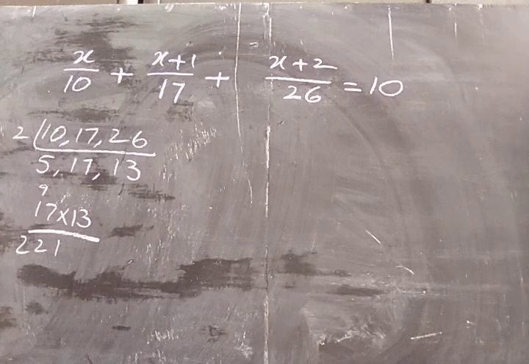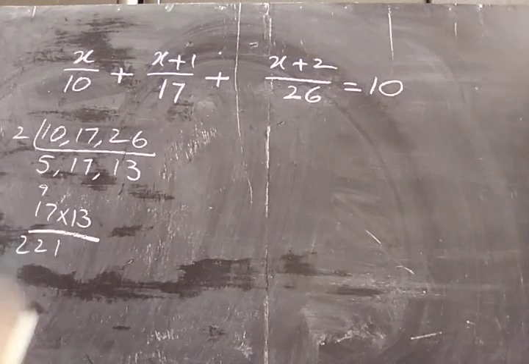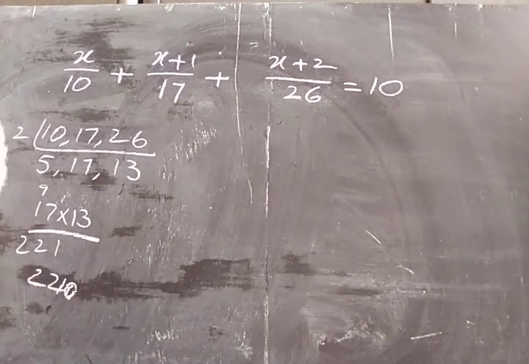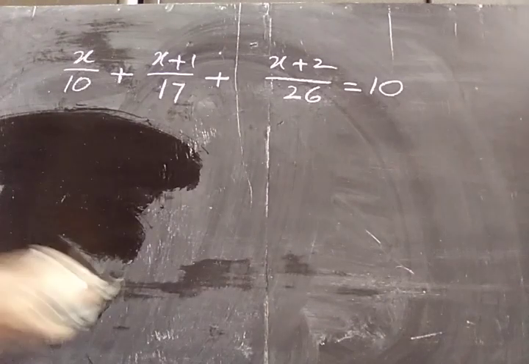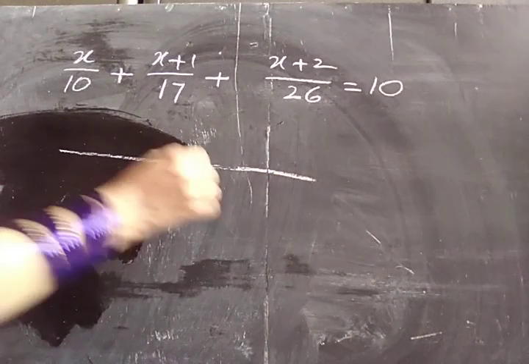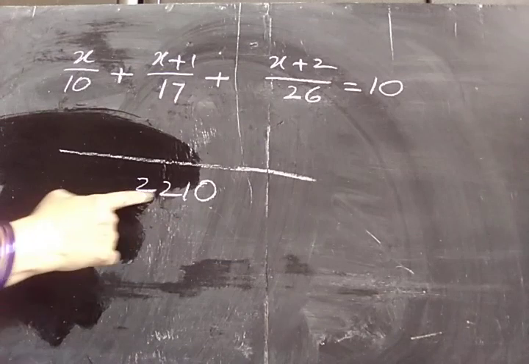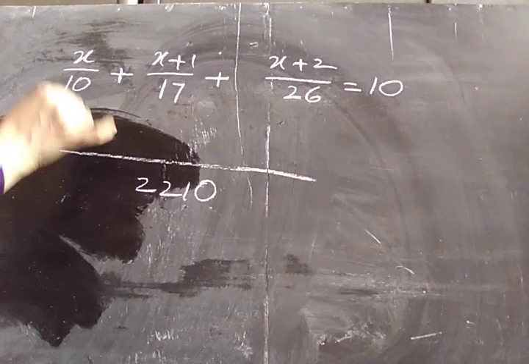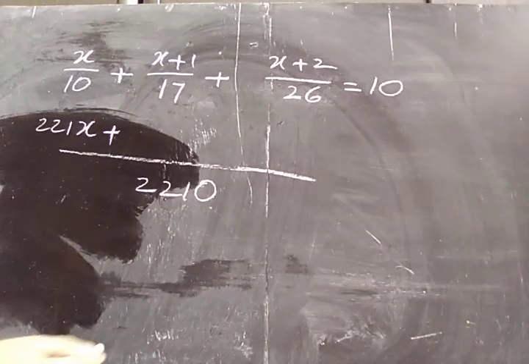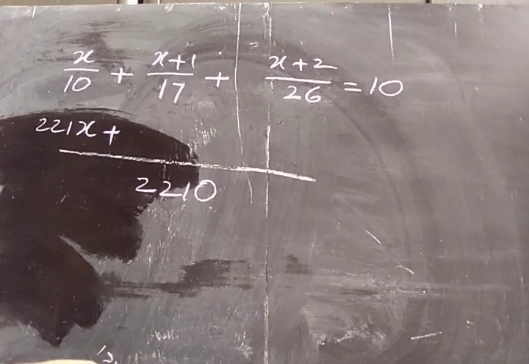So 221 into 5 into 2, 10. So the LCM is 2210. 2210 is the LCM. Now 10 how many times? 221 times. So 221 into x, 221 of x. 17 how many times? 17 into 13 into 10 only, na?